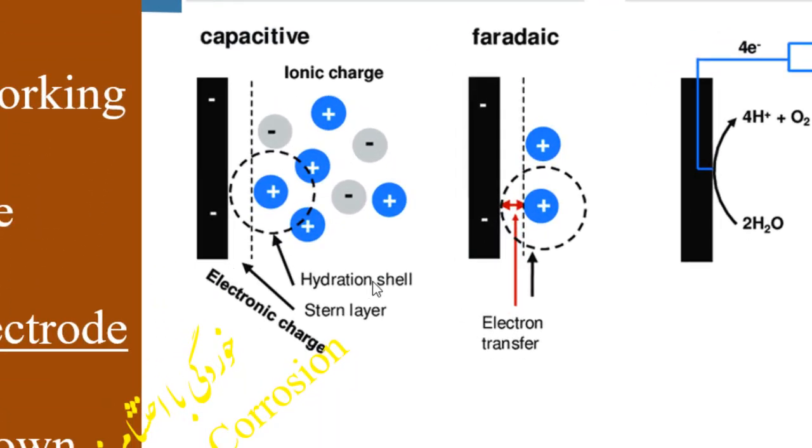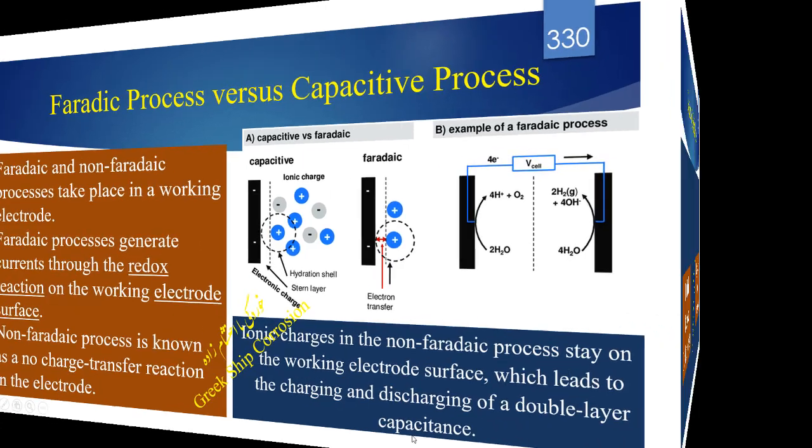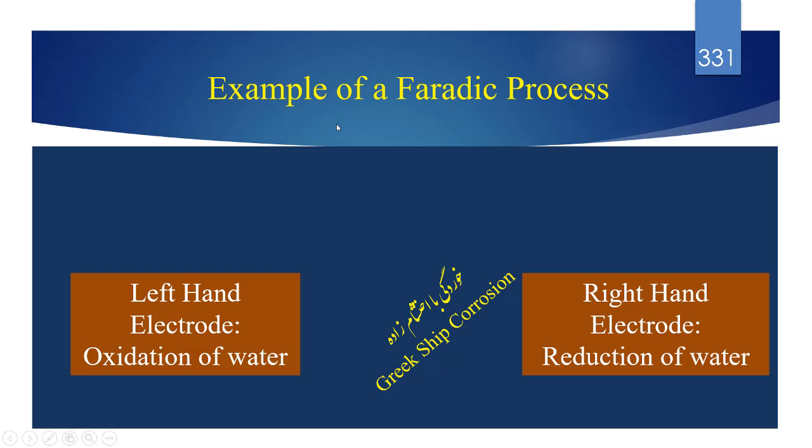Electronic charge, hydration shell, Stern layer, ionic charge, and in Faradaic reaction, electron transfer occurs. Ionic charges in the non-Faradaic process stay on the working electrode surface, which leads to the charging and discharging of a double layer capacitance. Example of a Faradaic process.